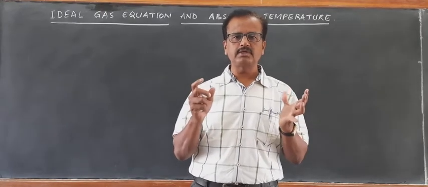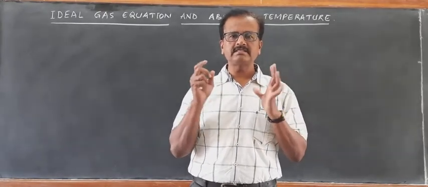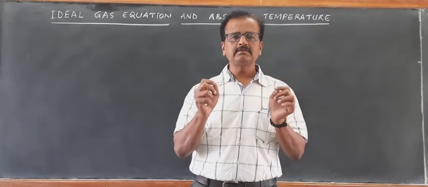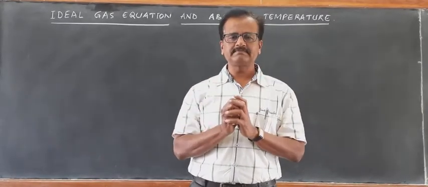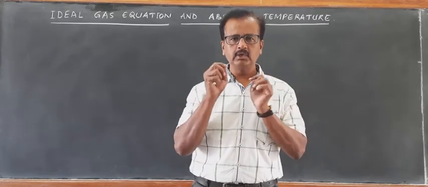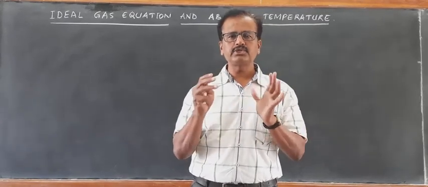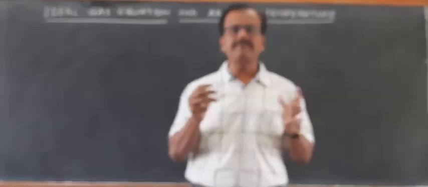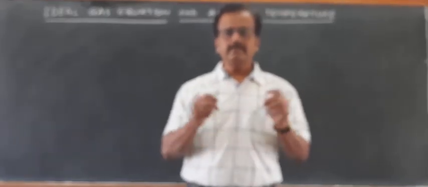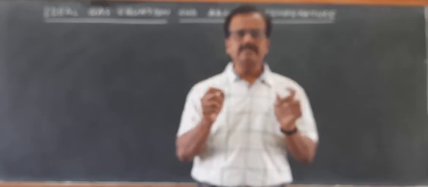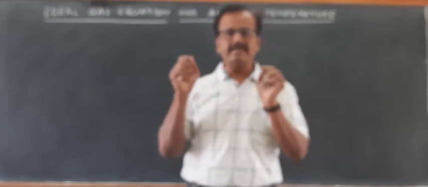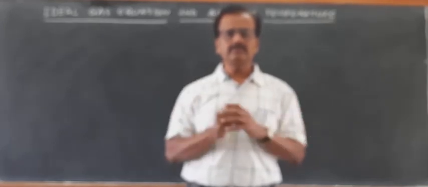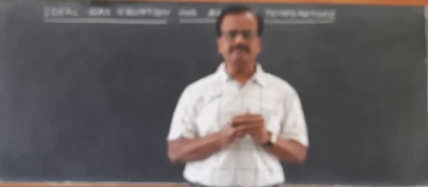So if we use a constant volume gas thermometer, then we know that gases at low densities will show the same expansion behaviors irrespective of the type of gases that we take. The gases at low densities show the same expansion properties at different temperatures.